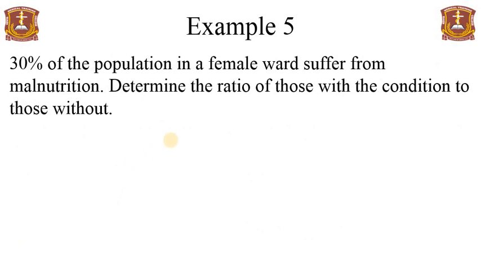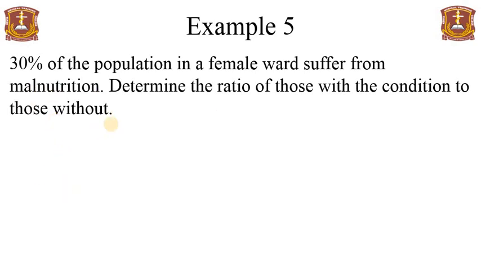Example 5. 30% of the population in a female ward suffer from malnutrition. Determine the ratio of those with the condition to those without. So in other words, we are talking about a condition of malnutrition in a female ward to be specific, and 30% suffer from that.